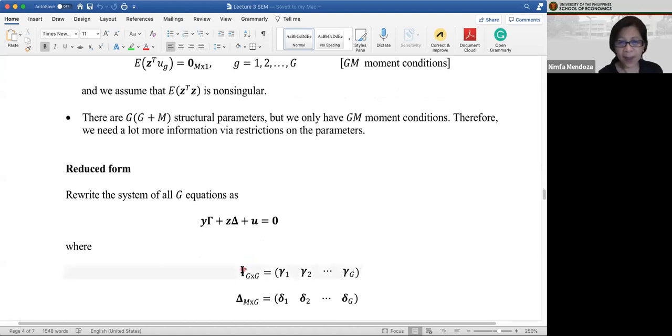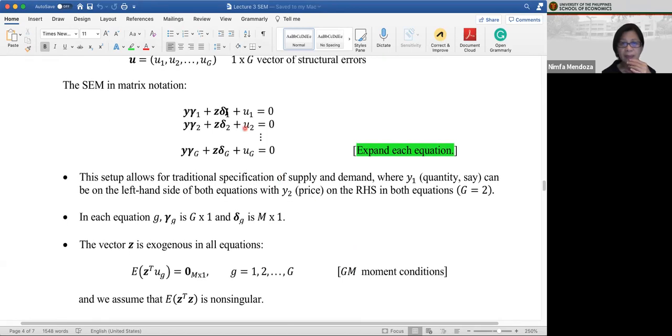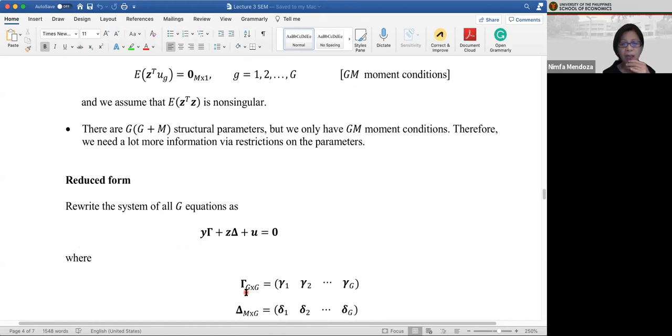And delta here would have elements delta sub 1, delta 2, delta sub G. You just put these as columns in that delta matrix.